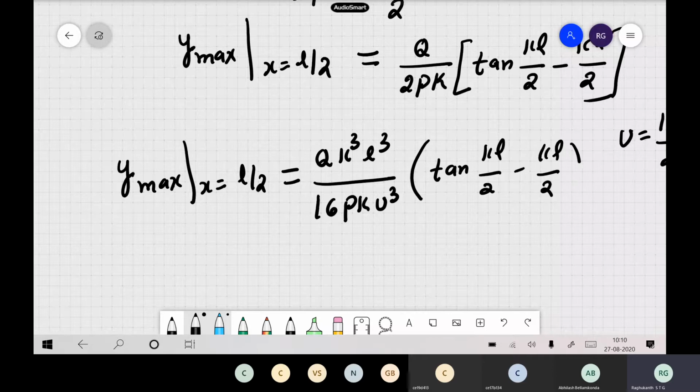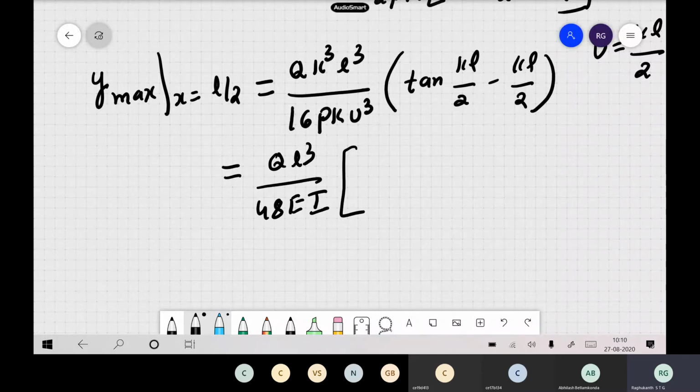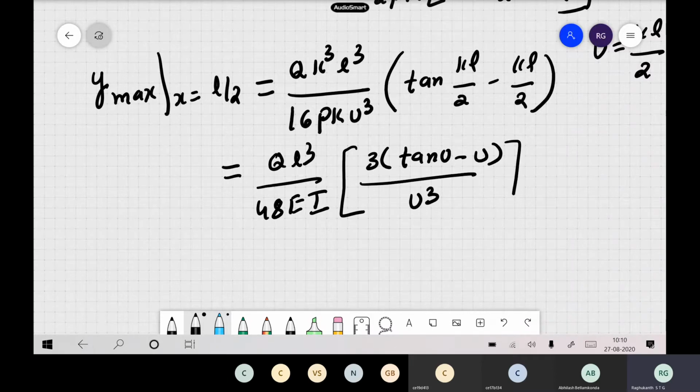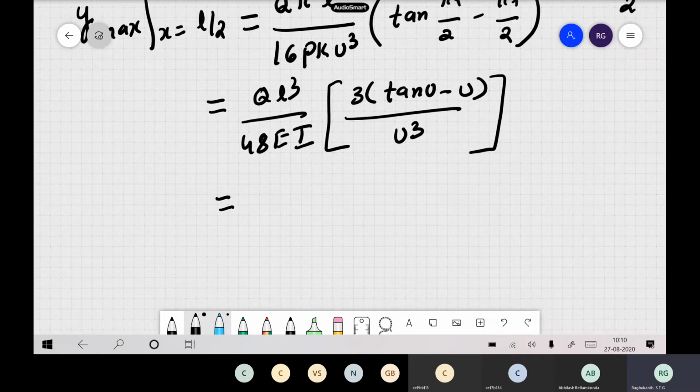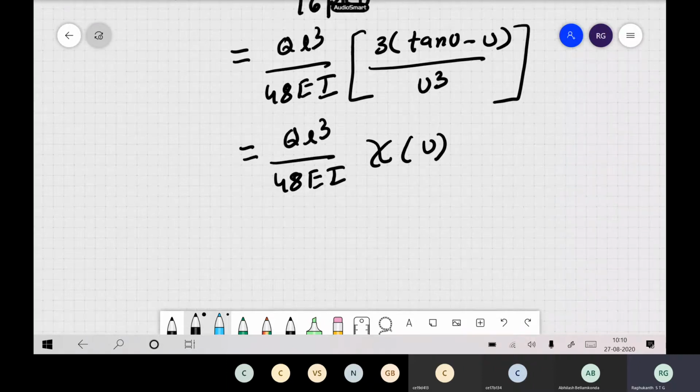Then you slightly rearrange all these things: qL cube by 48 EI into 3 into (tan u minus u) by u cube. Or this expression is nothing but qL cube by 48 EI into some function of u. So we are writing it in a nice format. Now all of you can recognize what this quantity is.